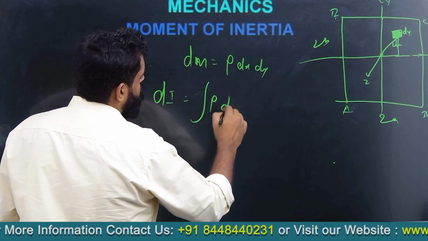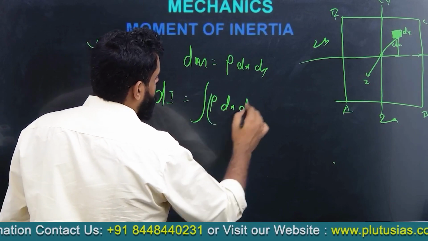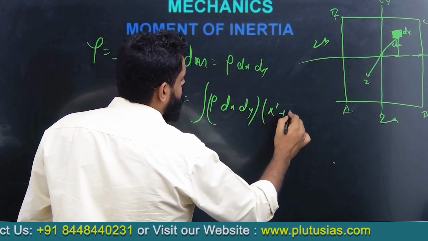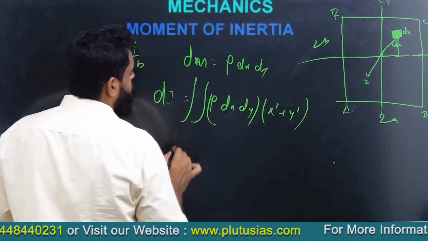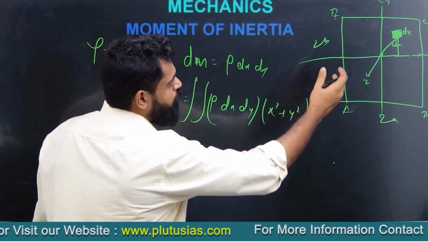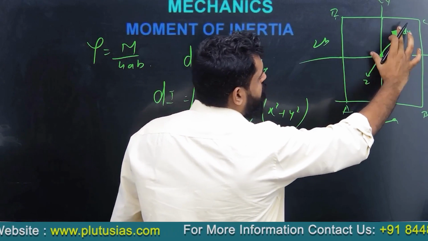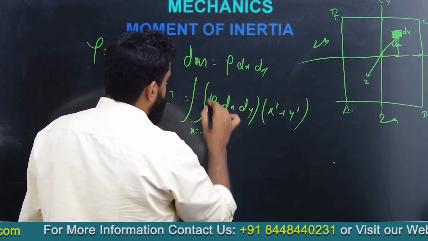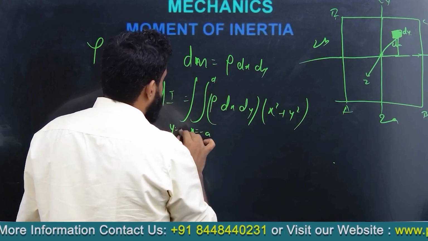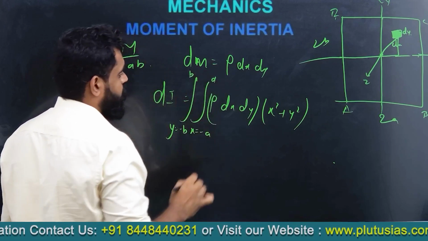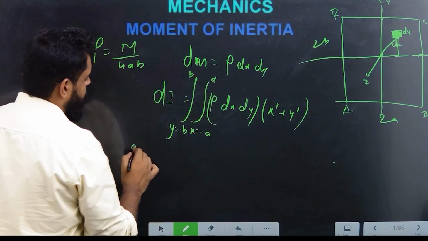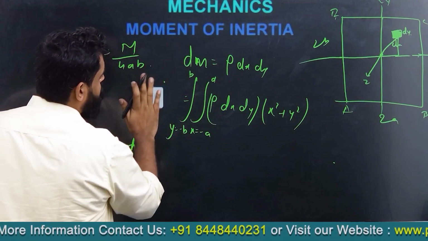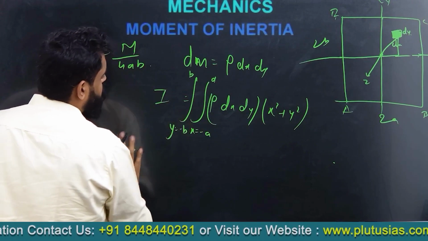So dI would be the integration of rho dx dy times x square plus y square. It would be a double integration where x would be varying from minus a to a and y would be varying from minus b to b. Okay, so calculating it, this would be I, using the integration sign.